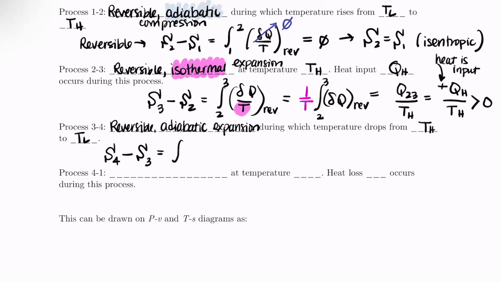Here we have our integral from 3 to 4 of delta Q over T for our reversible process. And again, this is adiabatic, so our delta Q is 0. So this is also equal to 0, and it means that S4 is equal to S3. This is an isentropic process as well.